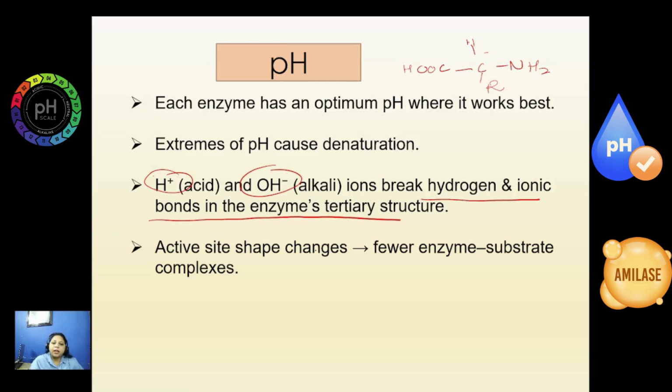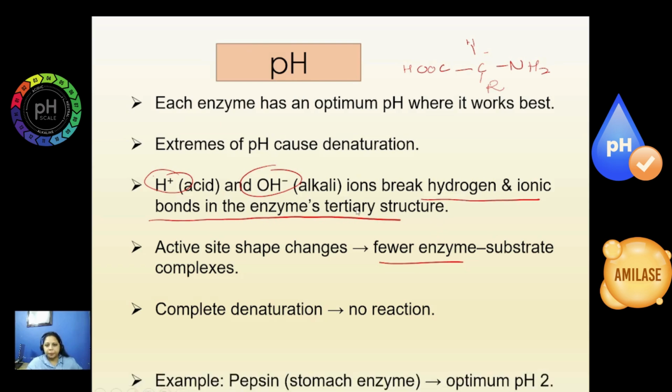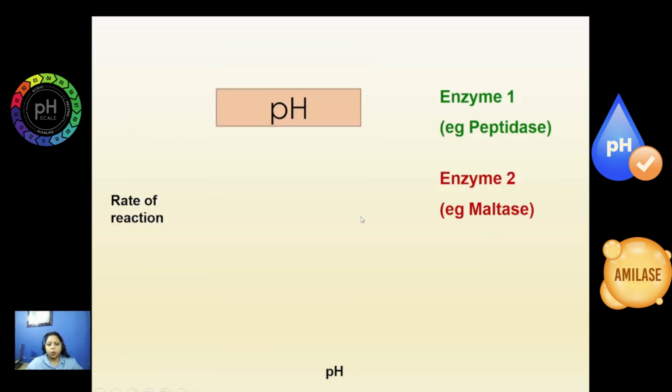If the shape of the active site changes, there would be fewer enzyme-substrate complexes, and the overall reaction is really low. If the bonding that holds the tertiary structure, that is hydrogen bond and ionic bond, has completely vanished, then there would be no reaction. Simple. So let's go to the graph.